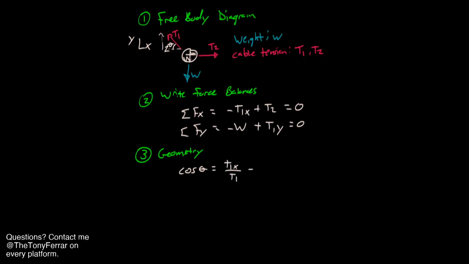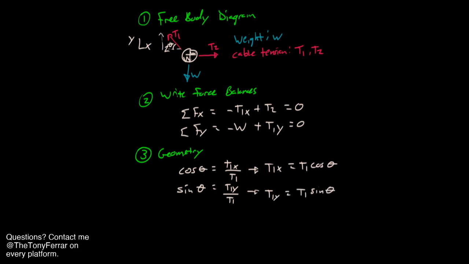And so we can solve that and find that T1x is equal to T1 cosine theta. And we know that sine theta is equal to T1y over T1, opposite over hypotenuse. We can solve that for T1y, which gives us T1 sine theta.